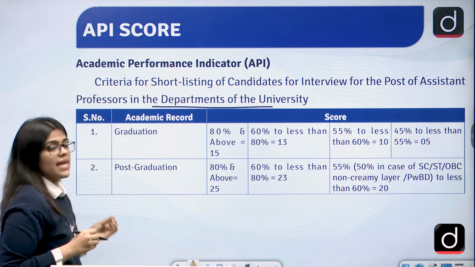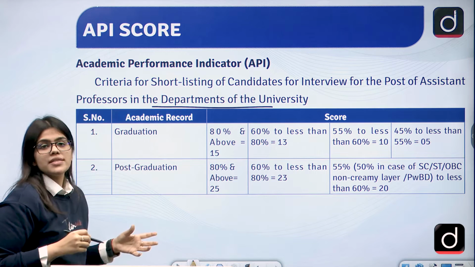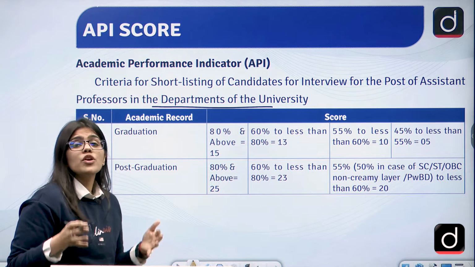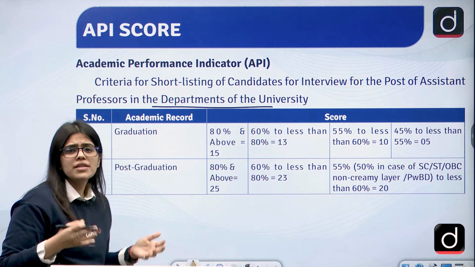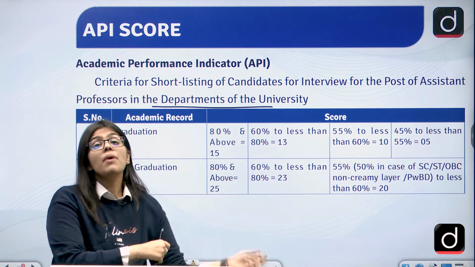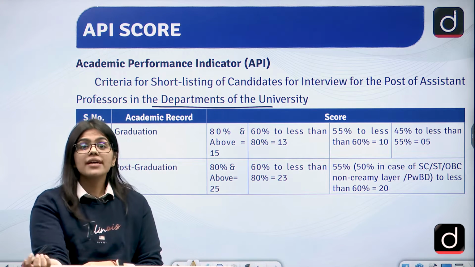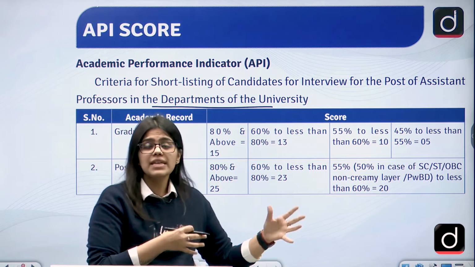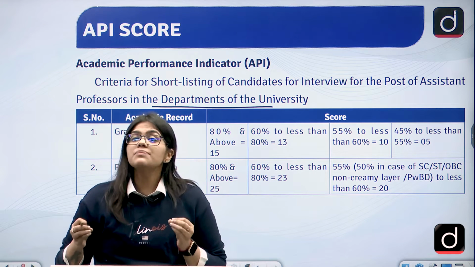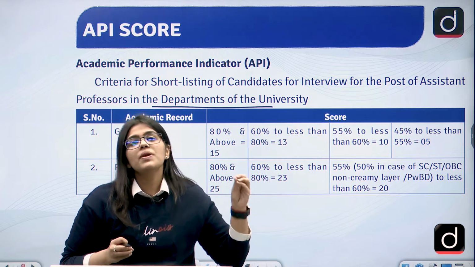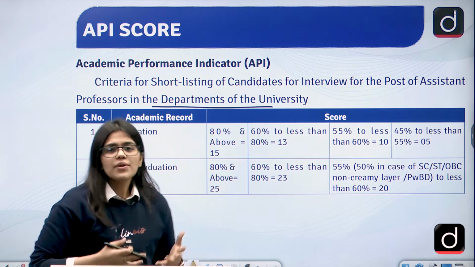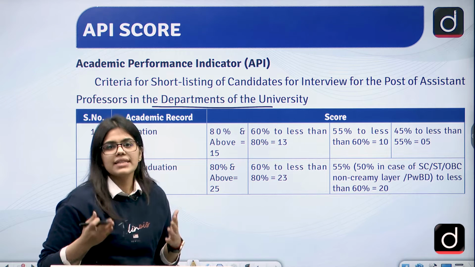Each and every person who has cleared UGC NET, or NET and JRF, would also have published research papers, or articles, or maybe written some chapters in books, etc. All of these things would have different scores, and on this basis, eligible candidates would be selected for the post of assistant professor. Also, it depends on the number of vacancies that they need.